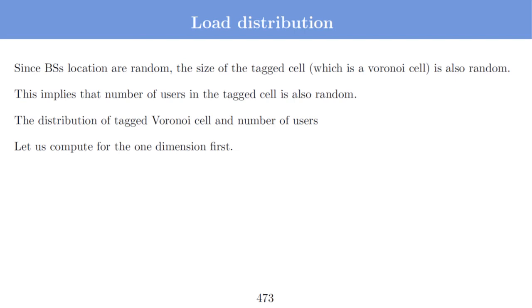If you assume a PPP distribution of users also, then given the area, the number of users will be a Poisson random variable with parameter equal to the user density multiplied by the area of the cell. Now the area of the cell itself is a random variable, so we have to characterize these two random variables, and only then can we know the distribution of the number of users in the tagged cell.